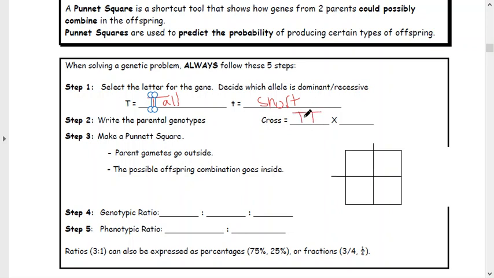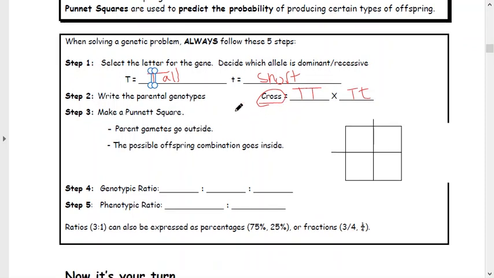Homozygous dominant, so capital T, and a heterozygous individual. So whenever you see something that says cross, that's all they're asking you to do, is just to write out the parental genotypes, right? So step 2 in this process. Step 3 is to make a Punnett square. So it doesn't matter which parent goes where. Let's put the homozygous dominant parent over here on top.